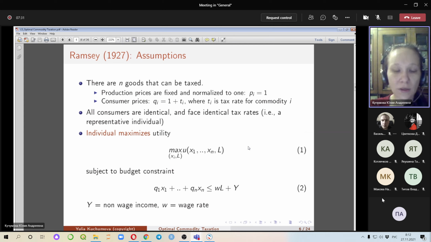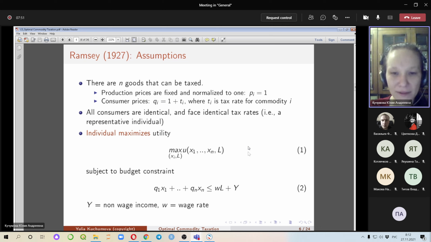We can alternatively formalize it in terms of leisure, but it's just one way to do that. And what is L?